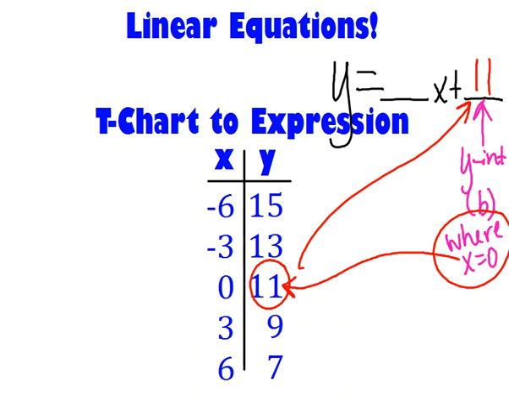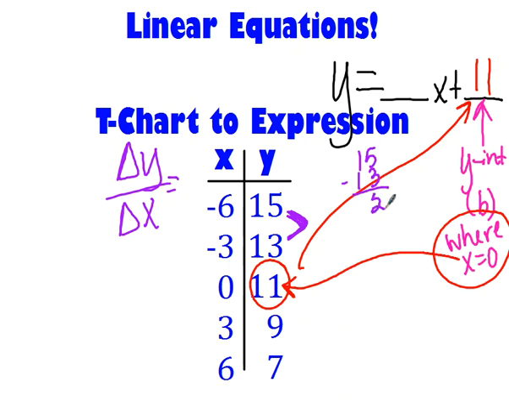Same formula for slope: delta y over delta x. Let's plug in what we know. Delta y, the change in the y values here, I can see it in my head, but if I couldn't, to find the change in something, you just subtract. So 15 minus 13 is 2, and they actually are decreasing by 2, so that would be negative 2.